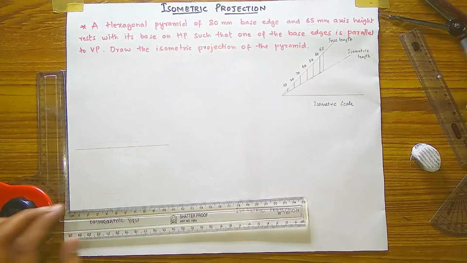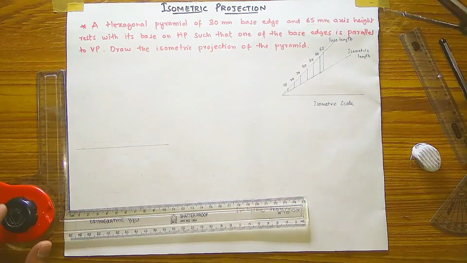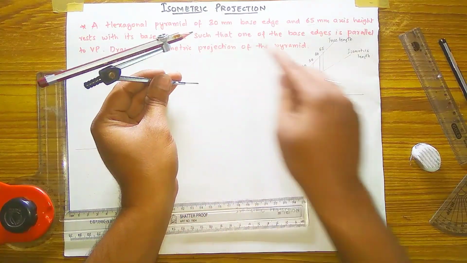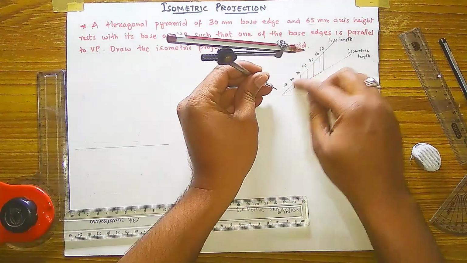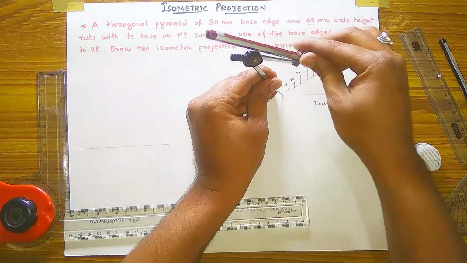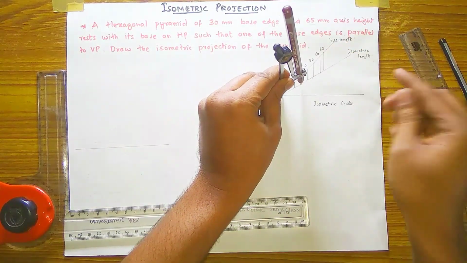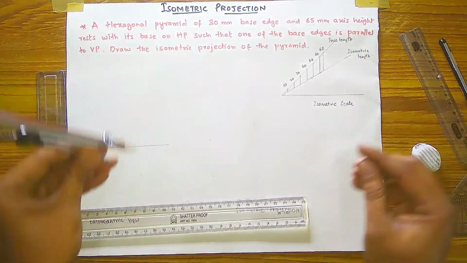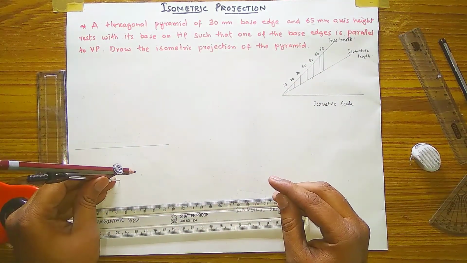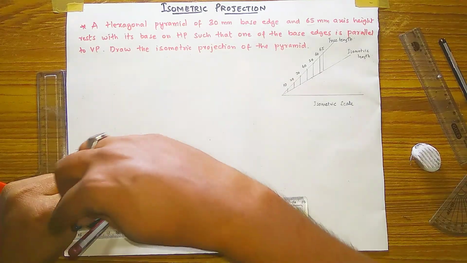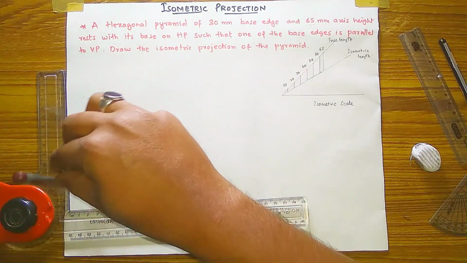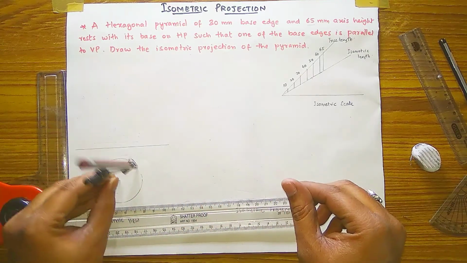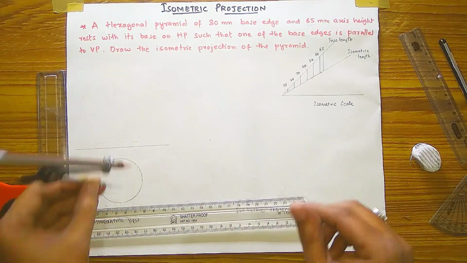So to draw a hexagon with the isometric scale, the side is 30 mm, so we have to take this isometric scale dimension of 30 mm. Then with a circle I am drawing a hexagon with the help of this method. You can draw the hexagon by your own method also.